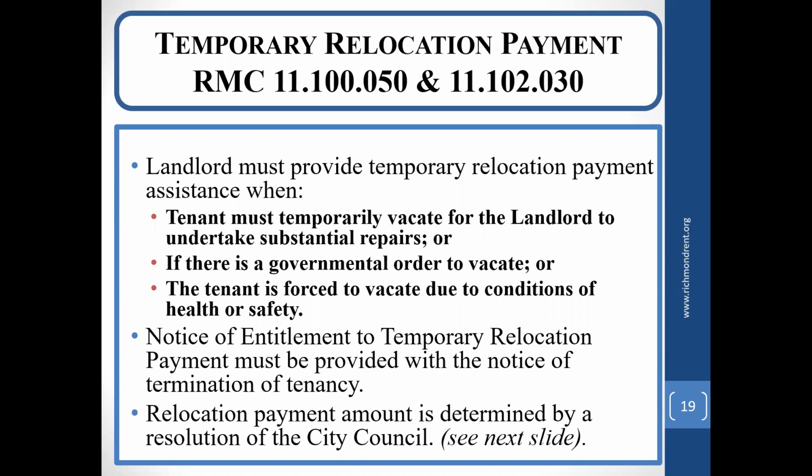Notice of entitlement to temporary relocation payments must be provided with the notice of termination of tenancy. The relocation payment amount is determined by a resolution of the city council.